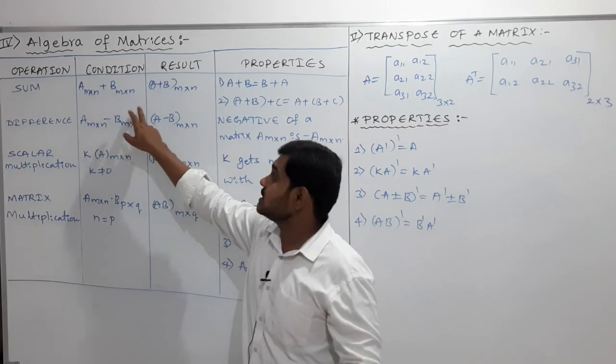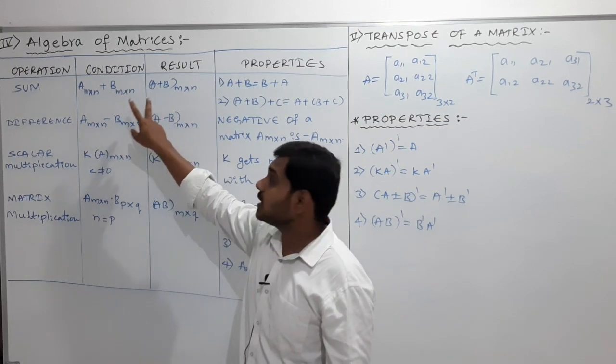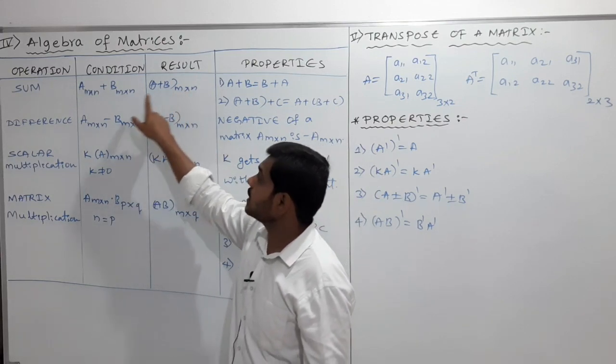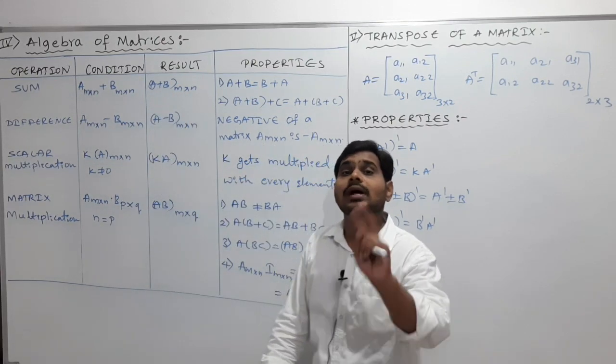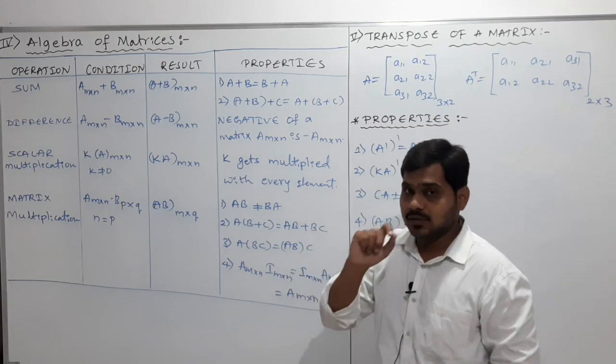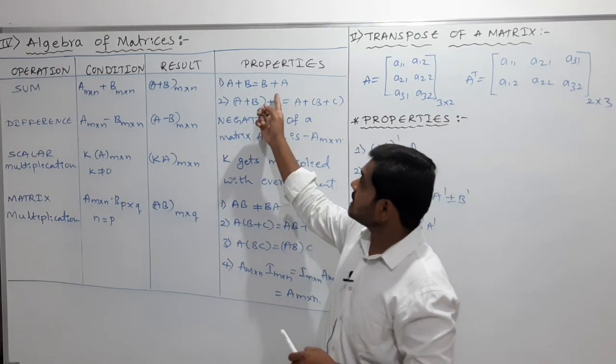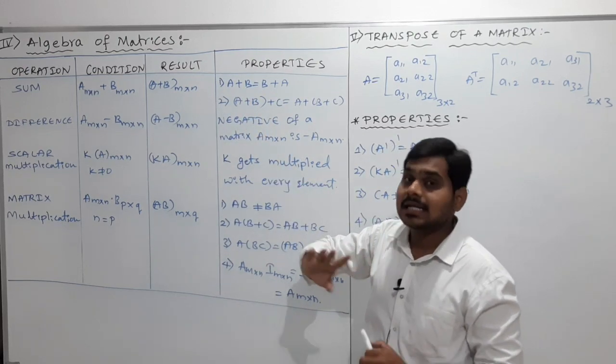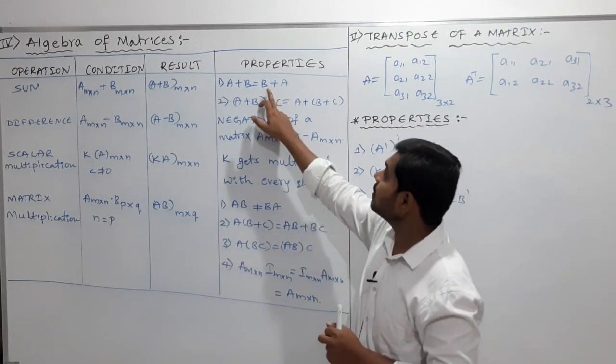After adding these two matrices, the resulting matrix will be of the same order, that is m cross n only. And how to add the two matrices? We should add the corresponding elements. And the property is, if you add A plus B, whatever resultant matrix you get, the same you will get if you add B plus A.